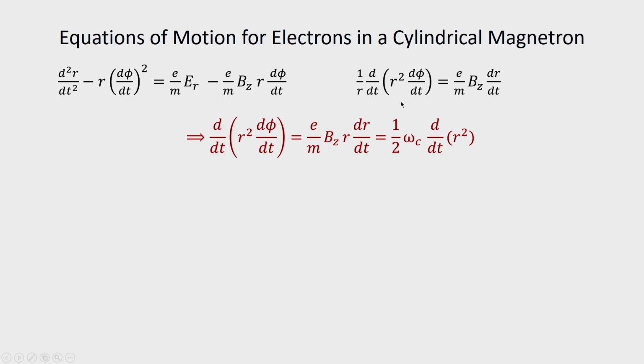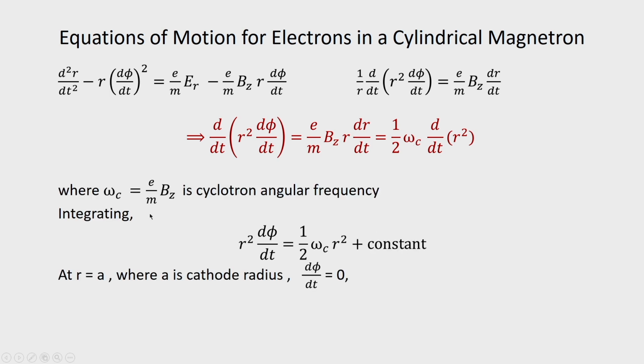So, from these two equations we can write d/dt of r squared d phi/dt is equal to e by m B_z r dr/dt. Now, r dr/dt we can write as half d/dt of r squared, and e B_z by m we can write as omega_c, the cyclotron frequency.